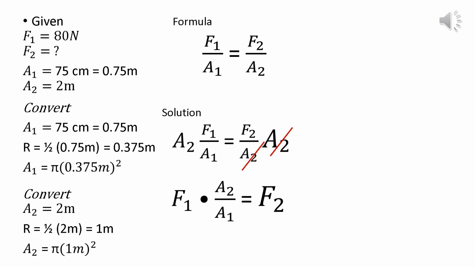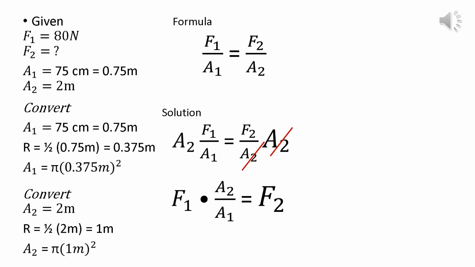So, our formula is force 1 over area 1 equals force 2 over area 2. Now, for the solution, because we are looking for force 2, we will move area 2 to the left side. We multiply area 2 on the right side, so area 2 cancels there. We multiply area 2 on the left side as well, so there will be an area 2 on the left side.